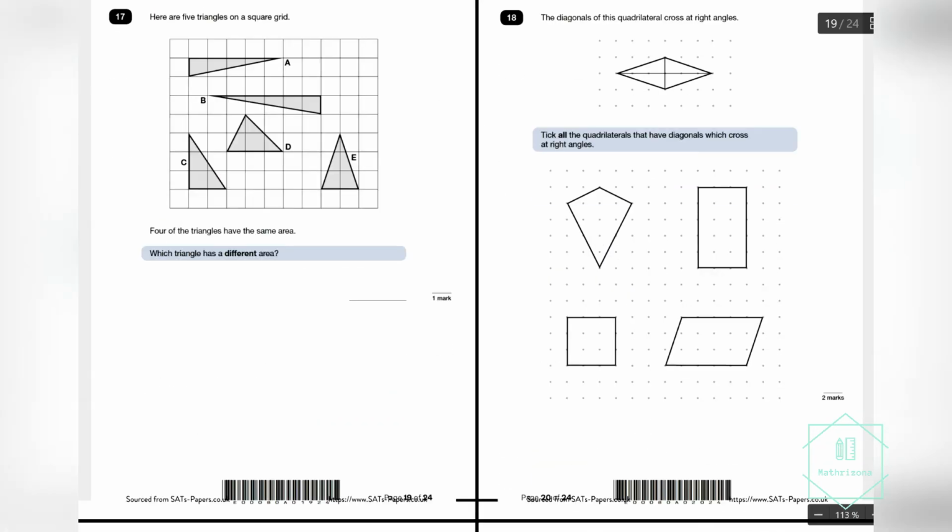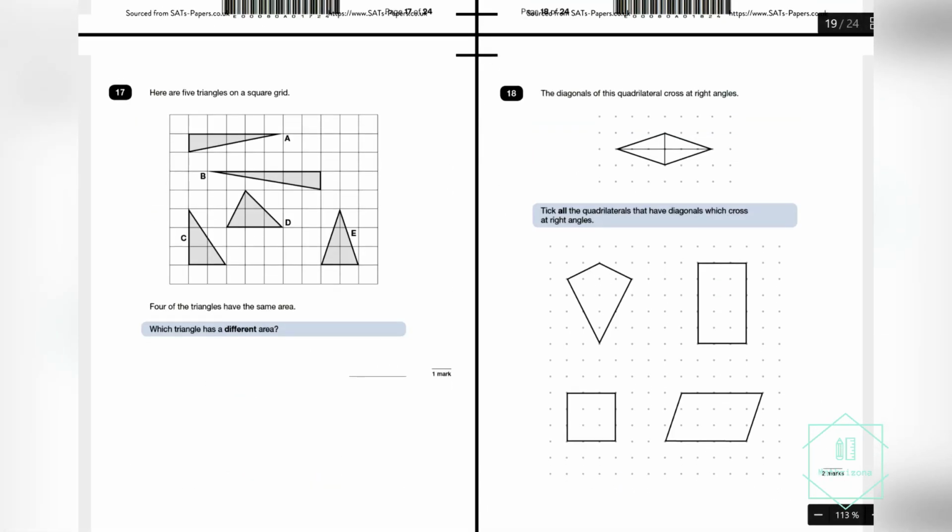Okay. Moving on to the next question. Here are 5 triangles on a square grid. 4 of the triangles have the same area. Which triangle has a different area? To start with, let's imagine that each square is 1 centimeter or 1 unit. So this is 2 and this is 3 units.